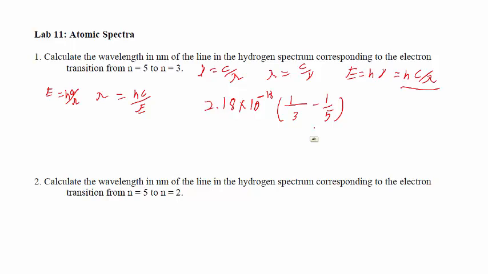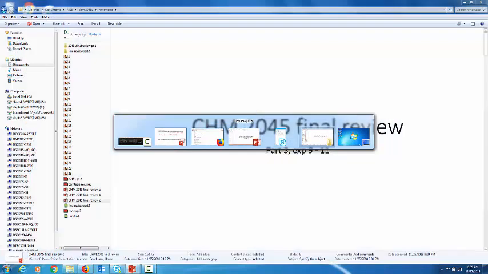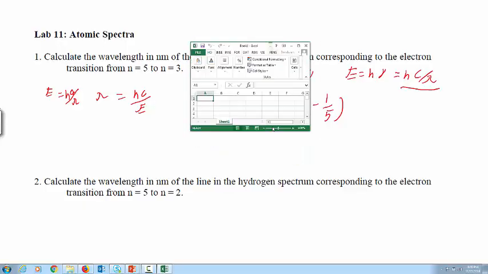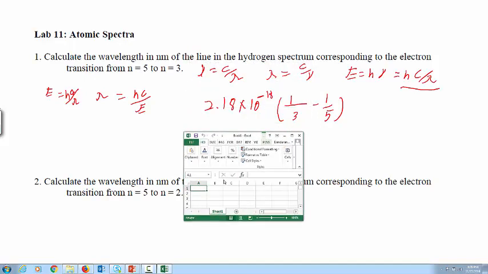And here's what I'm going to do. It's easier to work this way. So a third minus a fifth is 0.133, and then equals 2.18 times 10 to the negative 18th times that value.